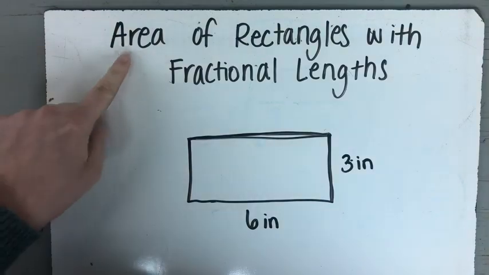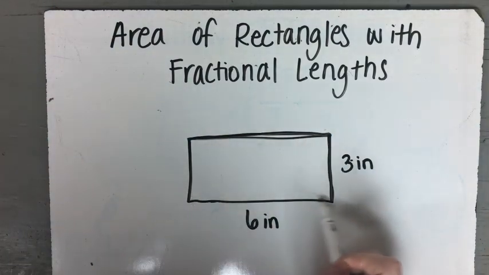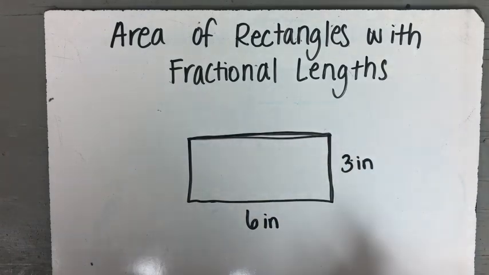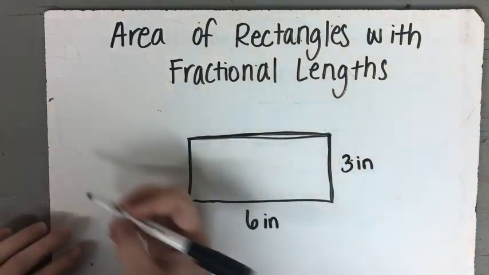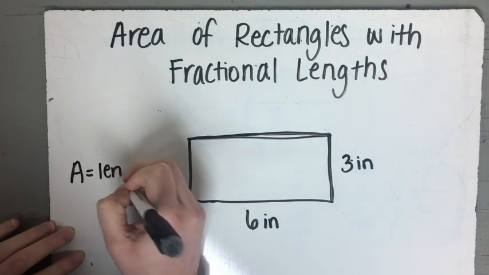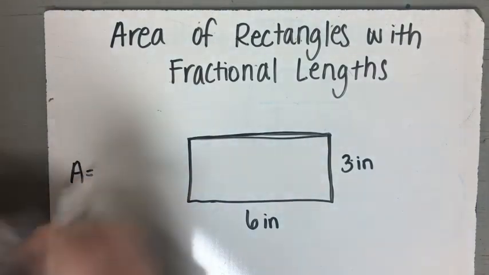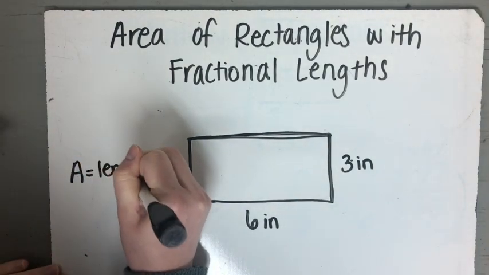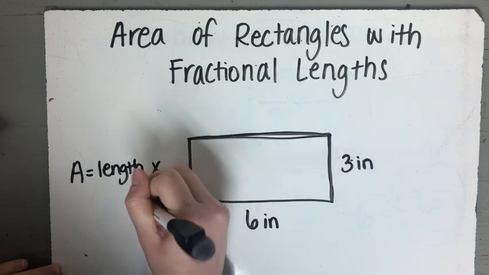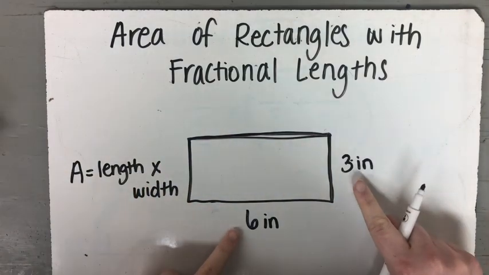If you were to find the area of this shape, you're finding the amount of space it covers inside the shape. And to do that, you follow a simple formula of area equals length times width. So you multiply your two side lengths.